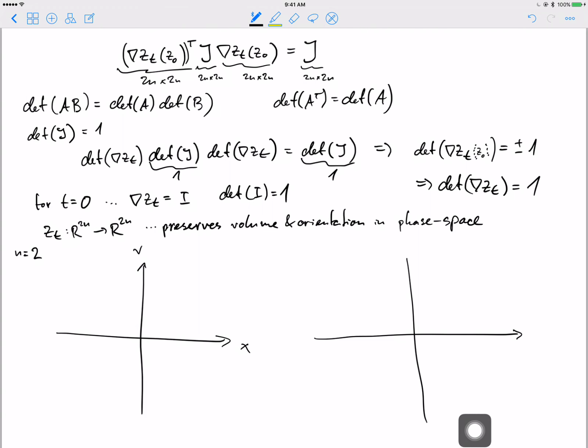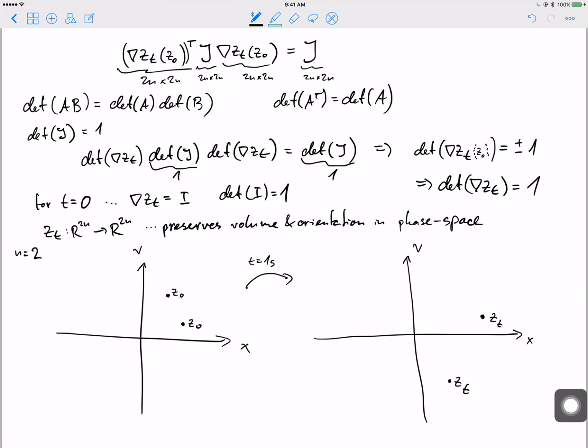And then the motion after some time, let's say t equals 1 second, maps somewhere else. Okay, so if I have some initial condition z0 here, that gets mapped to some zt over there. If I have another z0 here, that gets mapped, let's say, here. This is where it started. This is where the motion ended after time t. Again, in the exact solution.